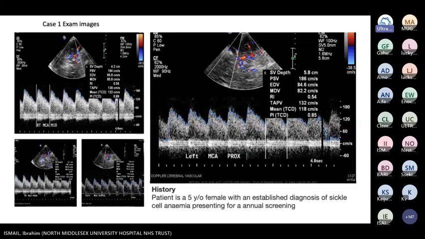If you think the waveform is abnormal, please post in the group and I'll unmute you so that you can give us your opinion.